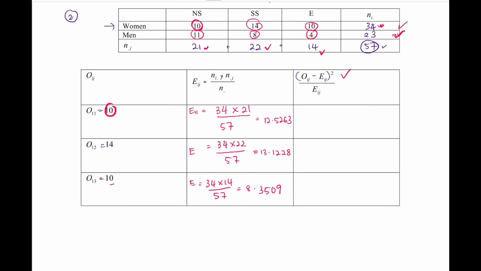Now calculate this one: O minus E squared divided by E. So the O is 10, minus E, 12.5263, squared, divided by 12.5263. So make sure you calculate it correctly and check with my answer in case I make any mistake here.